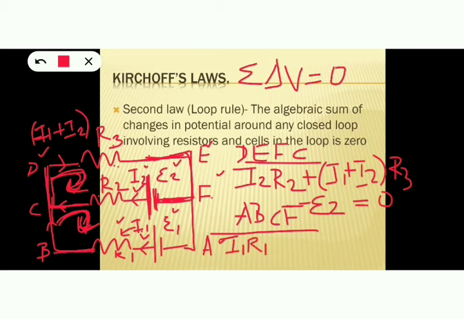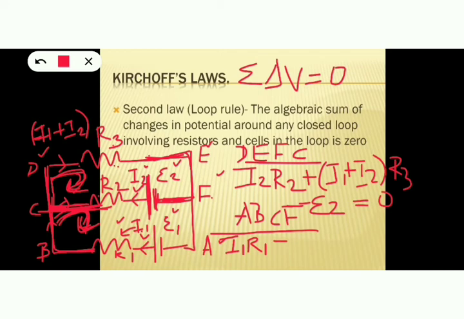Then we proceed in this direction, reach here, reach the point C, and then we need to move in this direction. When we move in this direction, current is flowing in the opposite direction, right? We are moving in this direction, but current I2 is coming in the opposite direction. So in such cases, we need to put a minus sign here.